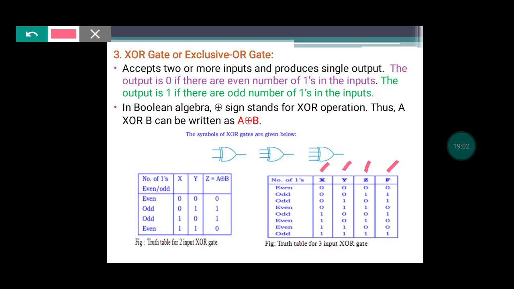Here how many ones are there? 0, 0, 0. There is no one in the input signal, so at that time the output will be 0. The output is 0 if there is an even number of ones in the input. If no ones are there in the input, consider this as an even number of ones only.